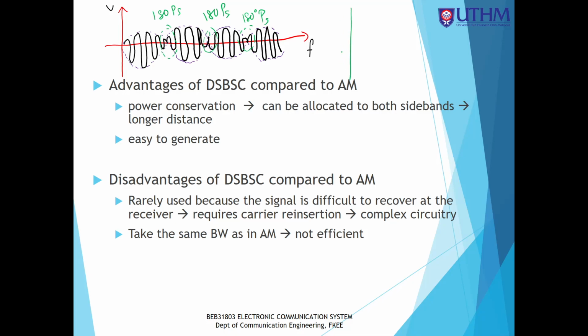So again, I repeat, I simplify like this. So I draw like this, and then I stop. So here I need to show that instead of the wave continuing as usual, it will go up like this. Okay, so you need to show this part, which is the 180 degree phase shift.